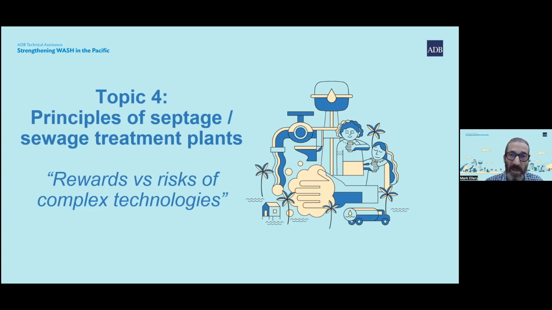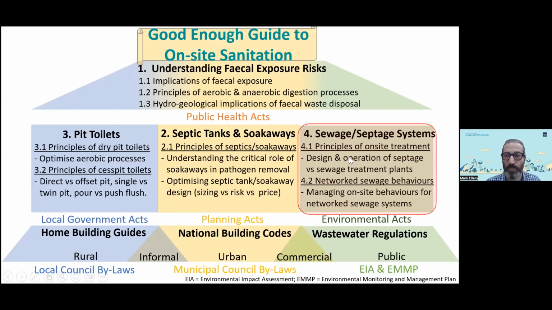So we think it's worth quickly covering a couple of these principles of septage and sewage treatment plants. We're going to look at on-site treatment plants and then quickly cover a couple of the behaviours associated with network sewage systems.